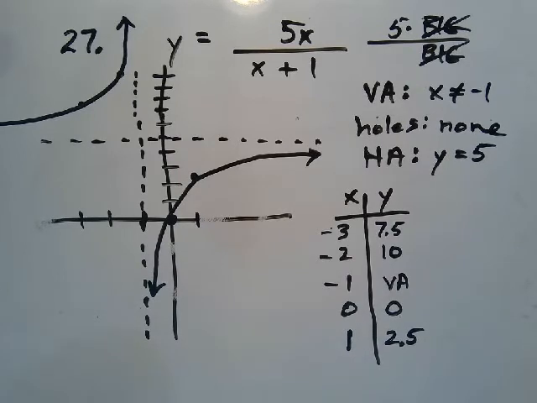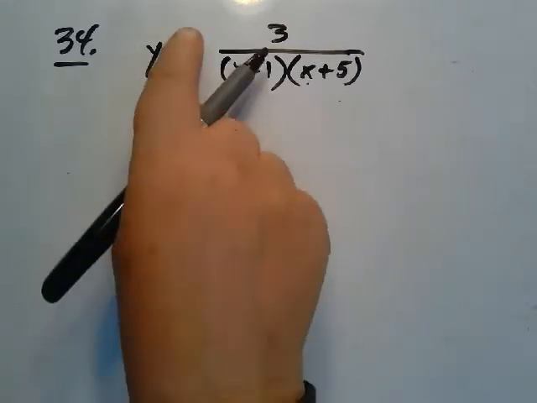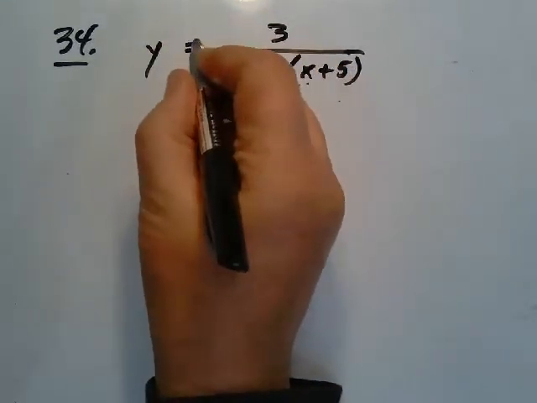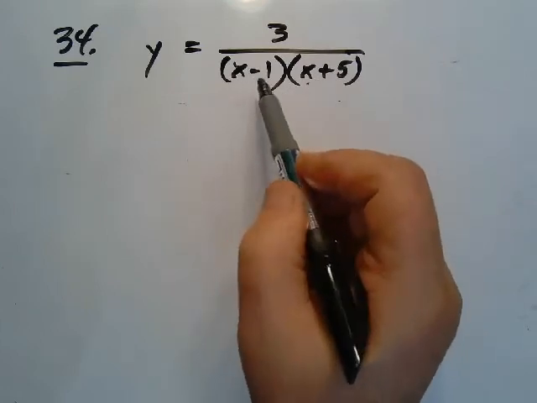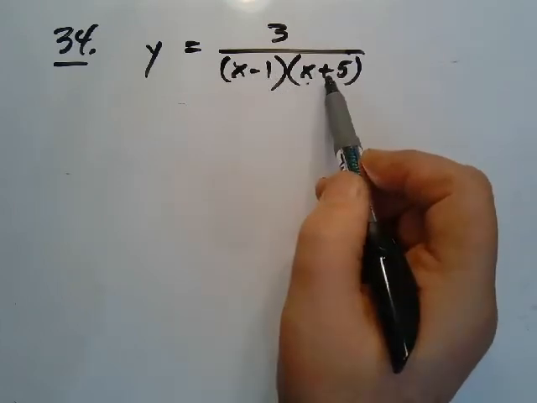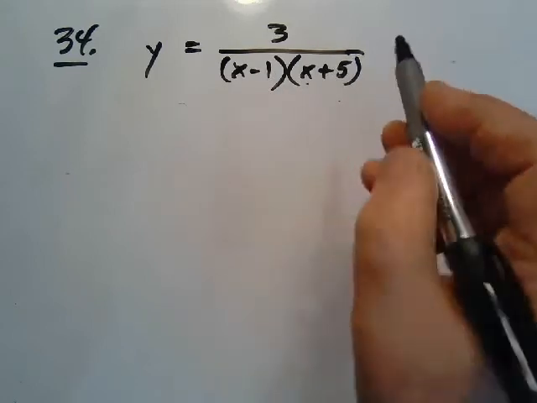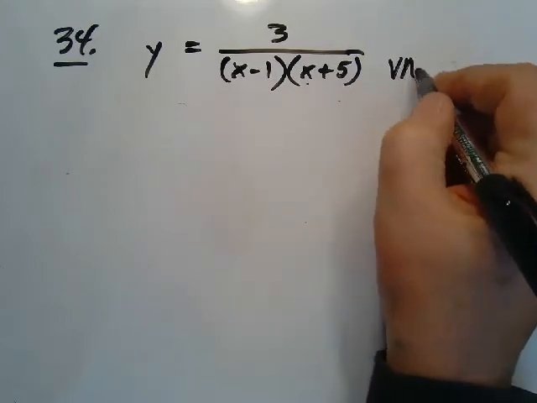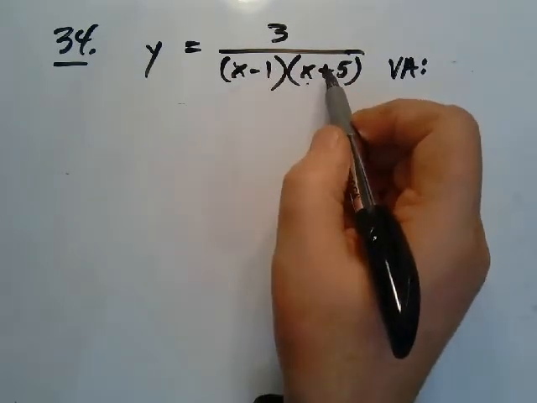Let's do another one that's a little bit odd. All right, here's one from the homework for tonight. You can take a look at this guy here. As we look at the denominator here, we can see that there are going to be 2 excluded values. That means we're going to have 2 values, in this case vertical asymptotes. I could set each one of these equal to 0 because neither of these factors can be 0.